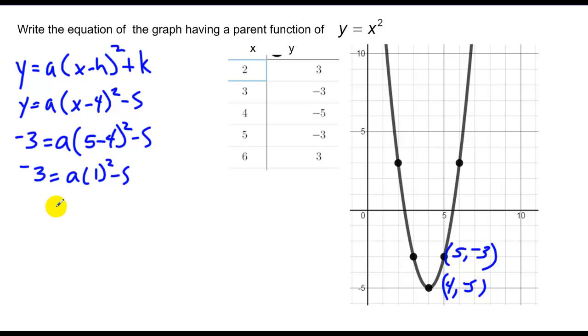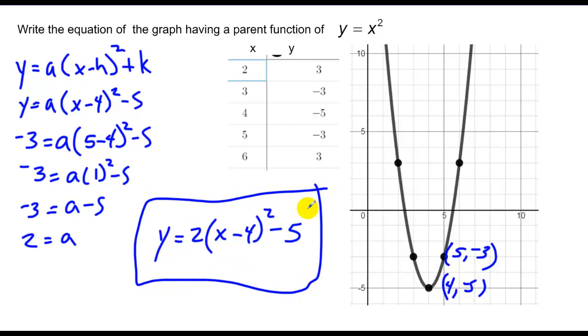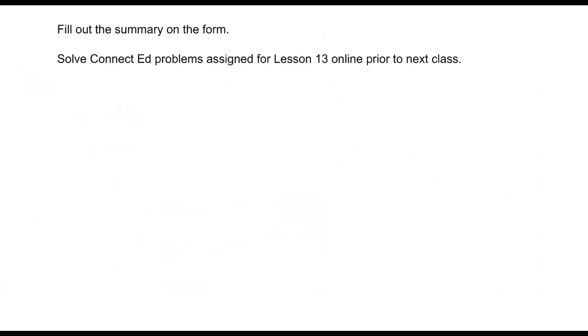This gives me negative 3 equals a minus 5. So 2 is equal to a. Therefore, y equals 2 times x minus 4 squared minus 5. And there's my equation. I know it was a long one, but needed to be done.